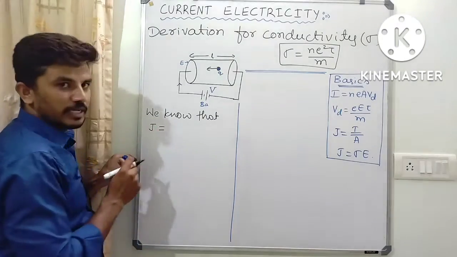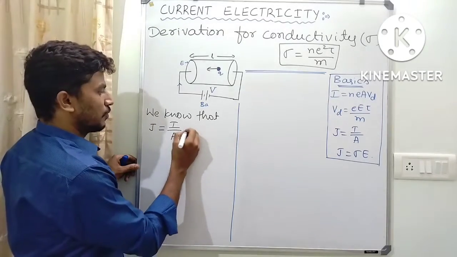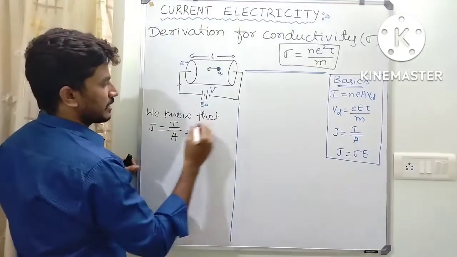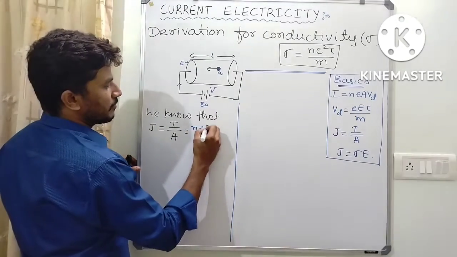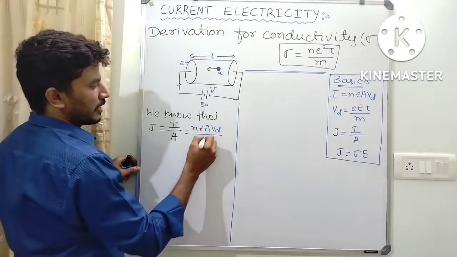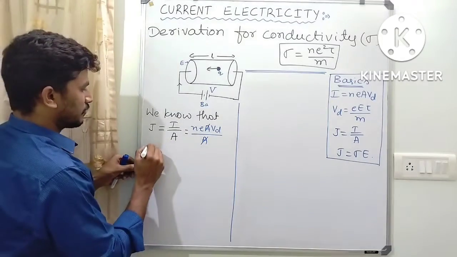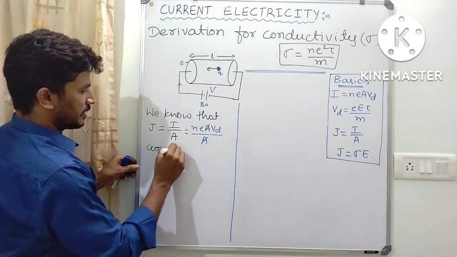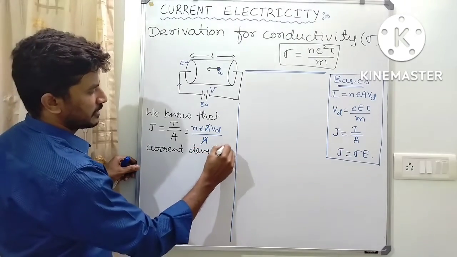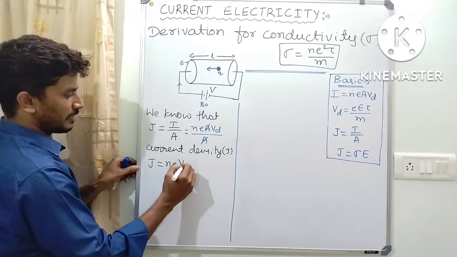J is equal to current density. What is the formula? I divided by A, where I is nothing but current, NEAVd divided by A. So here A and A cancel out, and I am left with the current density formula: J is equal to NeVd.